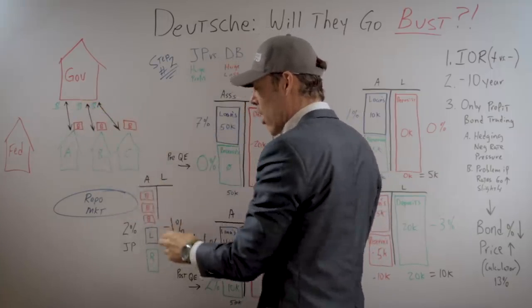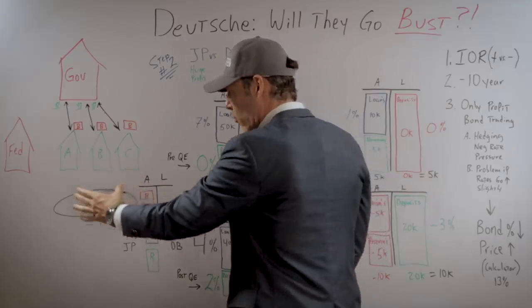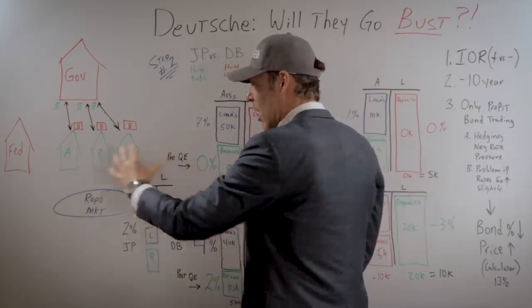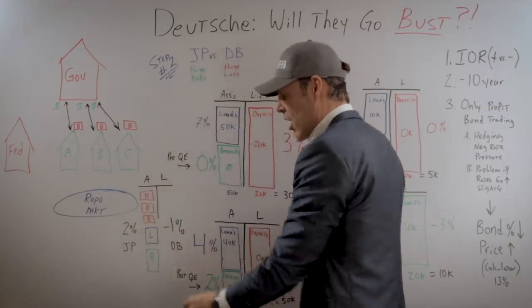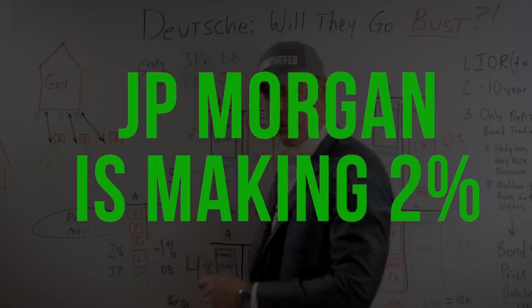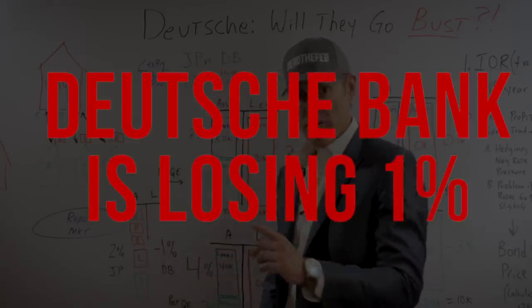Those bonds go onto the balance sheet of these banks. They can use those in the repo market. They can use them in a lot of different ways to make money. But as they sit on their balance sheet, JP Morgan is making 2% and Deutsche Bank is losing 1%.